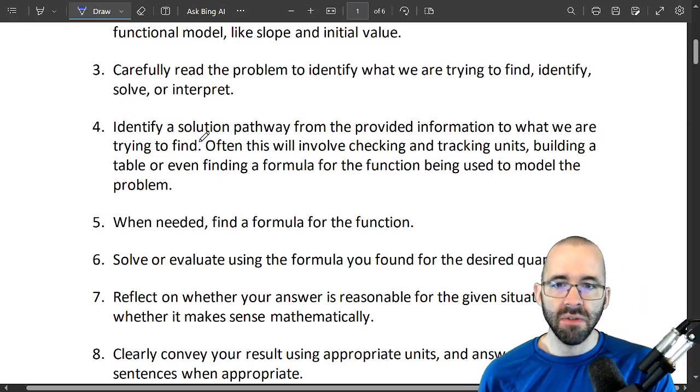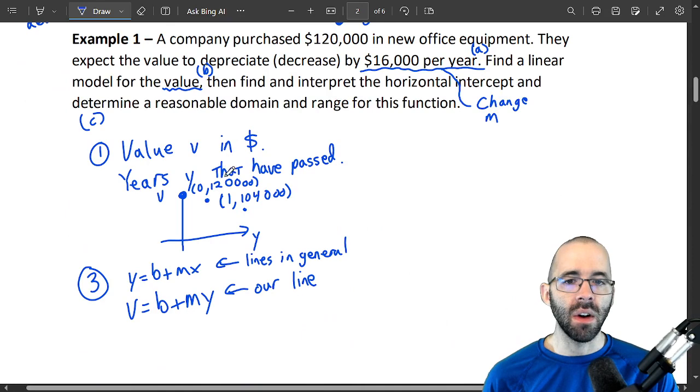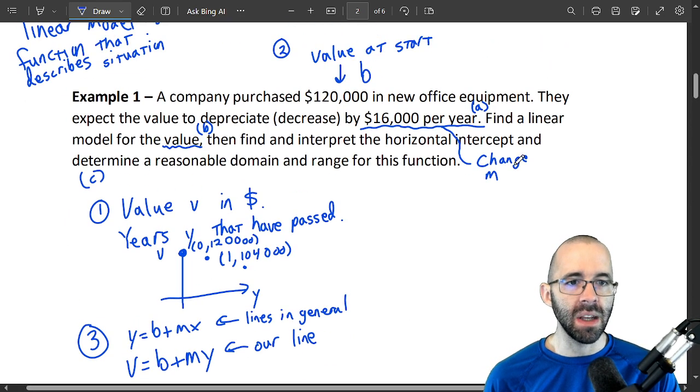Number 4 says, find a solution pathway. That just means, how can we figure this out? Using the provided information to get to what we're trying to find. Okay, so this is what we're trying to find. How can we get there? Well, we have a b, we have an m.